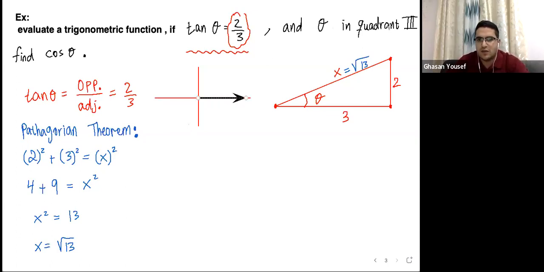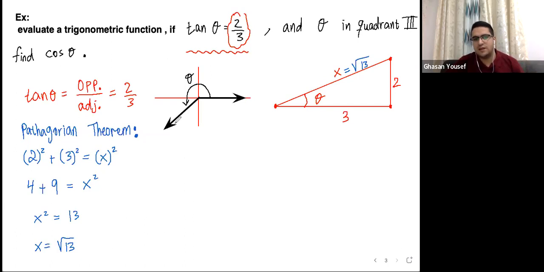And because theta is in quadrant 3, my terminal side must be in quadrant 3 like this. So the angle should be something like this. This is my angle, this is my theta. It's in quadrant 3.